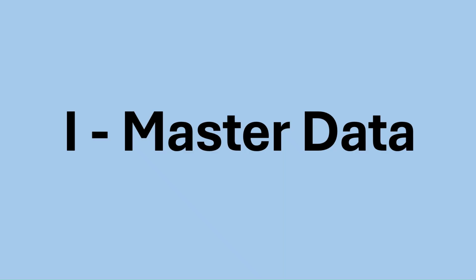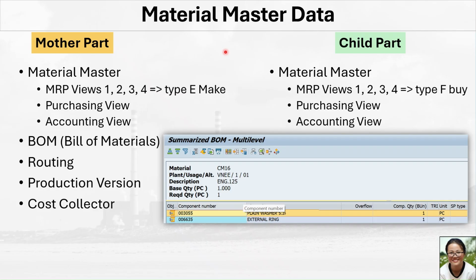Part one, prepare master data. The first master data you have to prepare is the material master data. You have to prepare materials for the mother part and the child part. For the mother part, you prepare the material master with MRP views 1, 2, 3, 4, purchasing view and accounting view.